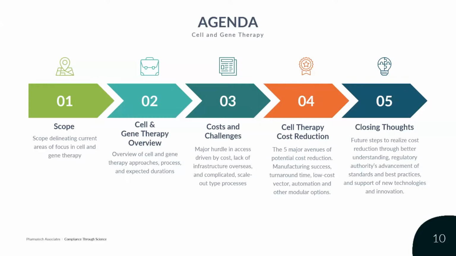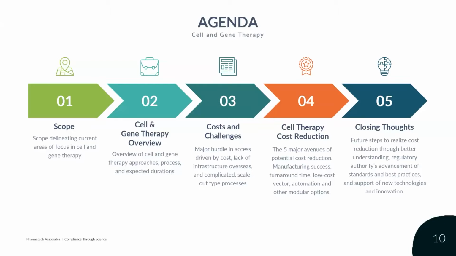The high cost of this therapy typically leads to a lack of infrastructure that gets a little bit more pronounced when certain high costs are involved. And a lot of these processes tend to be complicated, scale-out type processes. So knowing the challenges, knowing the entire process in and out, goes a long way towards the 5 major avenues for cell therapy cost reduction that we'll be talking about, which is contingent upon manufacturing success, lowering turnaround time, and so forth.